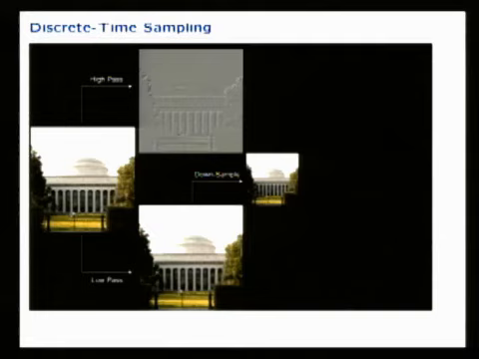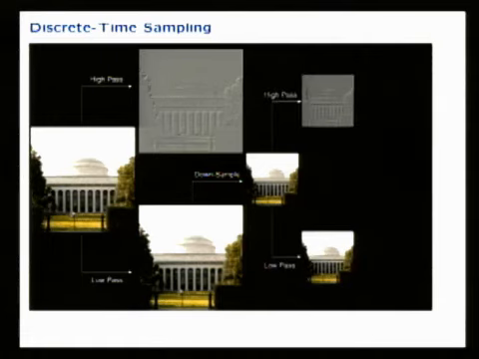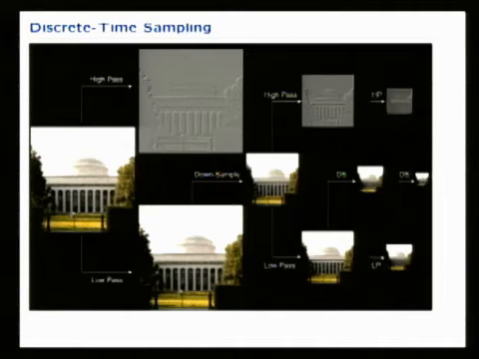So I can downsample, which gives me something that can be represented in the squeezed version with fewer pixels. I did a downsample by a factor of 2 in both, so that picture has 1/4 the number of pixels in it. Then I can low pass filter that one and downsample, and low pass filter that one and downsample. And I end up with a very low resolution image of this beautiful scene that I started with.